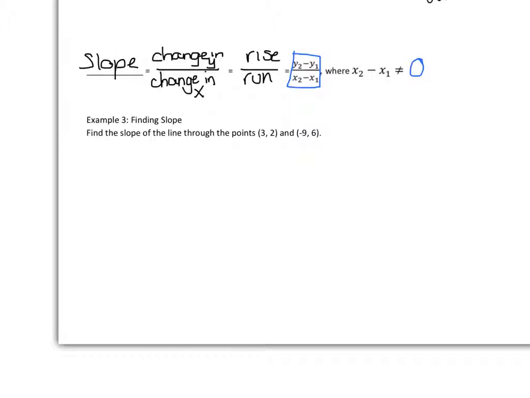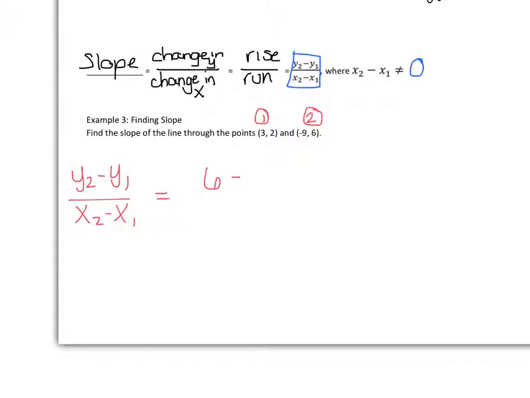All right, we're going to use the formula that we boxed in to do the problem down here. Find the slope through these 2 points. So y2 minus y1 over x2 minus x1. Make sure when you plug these in that you match them up. This is point 1 and this is point 2. So what is y2? 6.